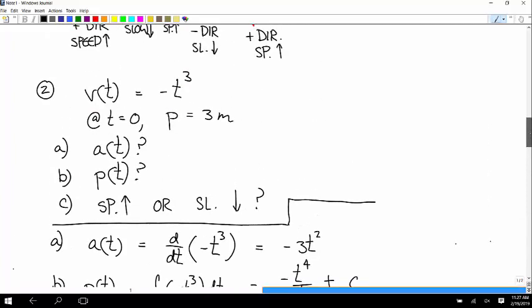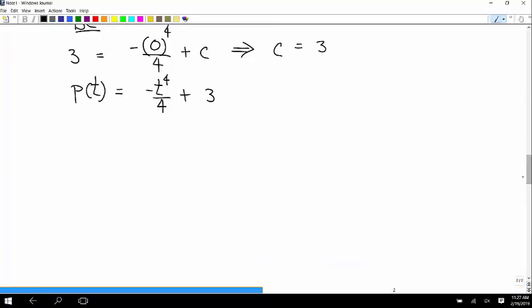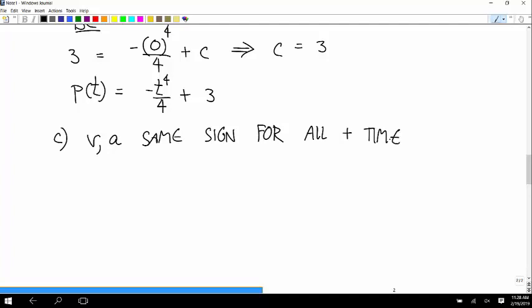And so if you look at the velocity and acceleration functions, the velocity is always negative. The acceleration is always negative for all positive times. They have the same sign for all positive time. And so it's speeding up.